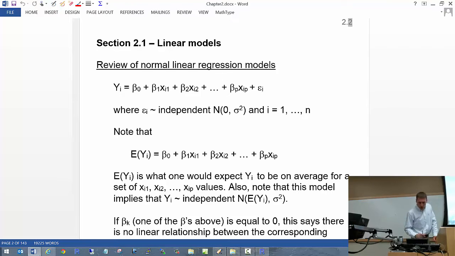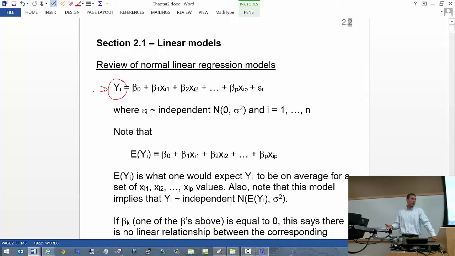A regular old normal linear regression model looks like this, where your response variable is y. I put a subscript i there to denote which observation we're talking about. We can have up to n possible observations. Then we have a y-intercept term called beta 0. This is a parameter that we will want to estimate. And then we incorporate these x's.